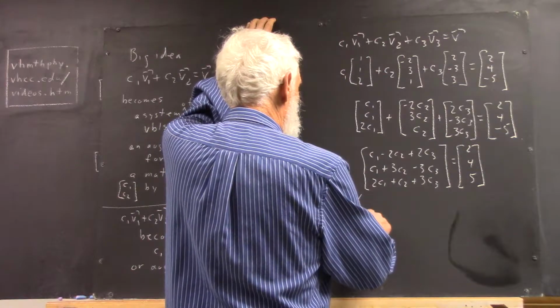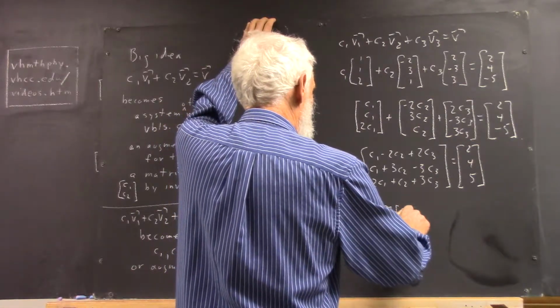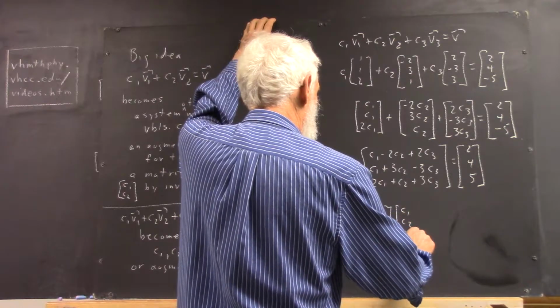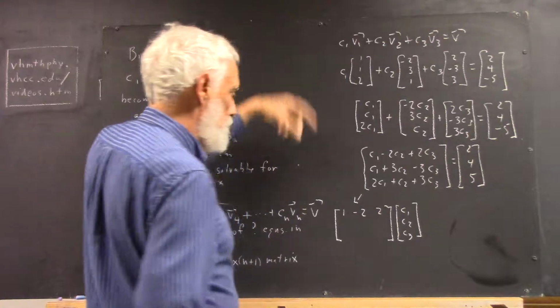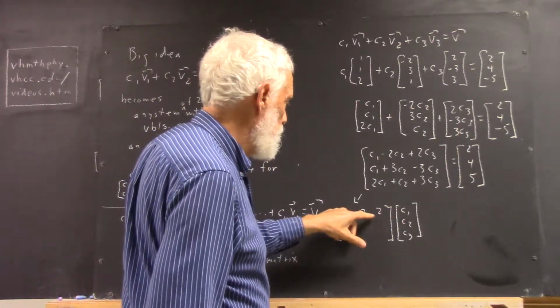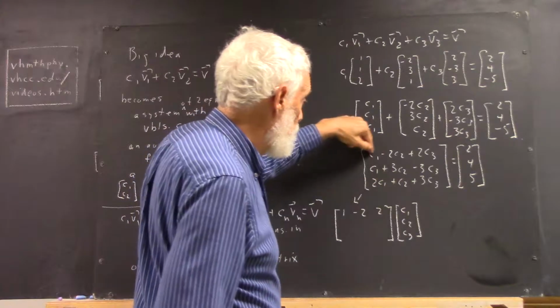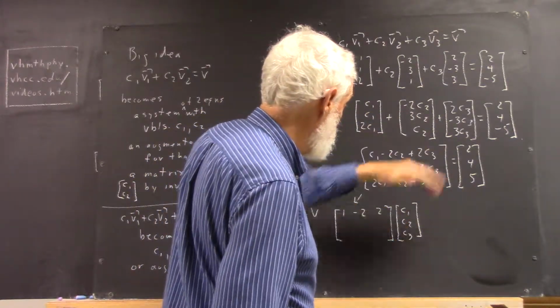1, negative 2, 2, multiplied by C1, C2, C3. And we can see that if I multiply this, I get C1 minus 2C2 plus 2C3, which is our first row here. So this row times this column gives us this row.